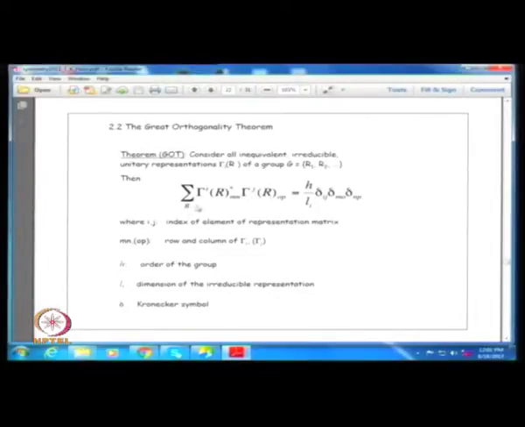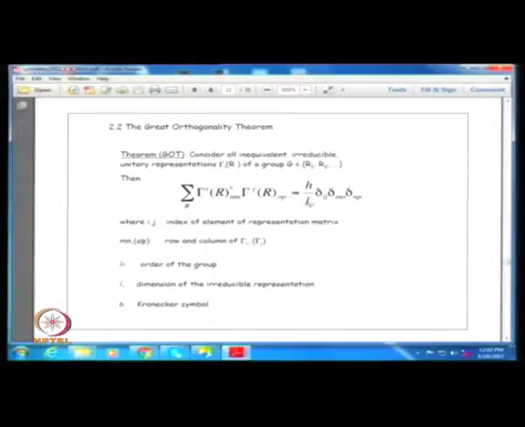There is a summation over group elements, and it could be two different representations. If you do this, then this summation over all g will produce delta delta delta, in the sense that m has to match o, n has to match p, and the representation index also has to match, delta ij, and there is a front factor which is the order of the group as a whole divided by the size of the representation over which you are doing this sum.